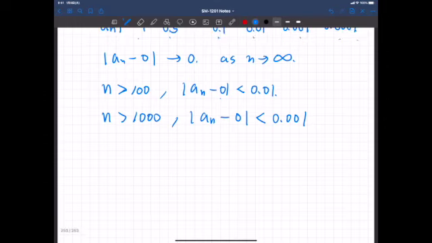Okay, so if we continue this process, we can generalize like this.